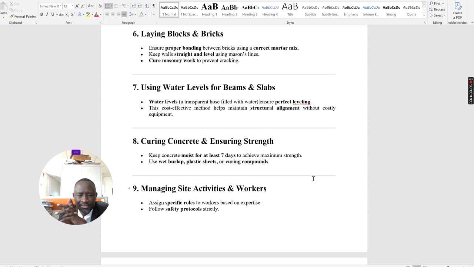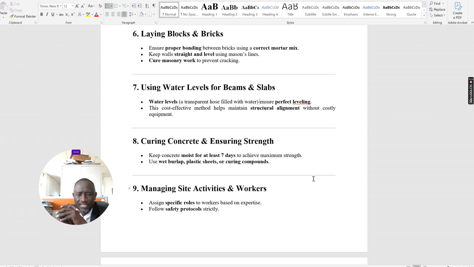Managing site activities and workers: you have to assign specific roles to workers based on expertise. Now, we have different trades on site. You have the casual laborers, you have those dealing with masonry, those handling carpentry works, those handling steel bending, and those handling concrete works.